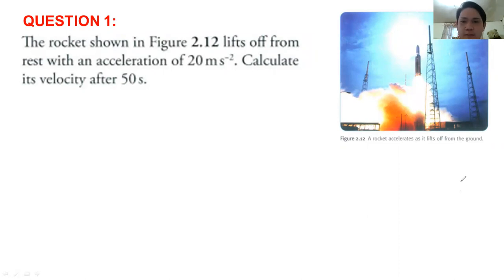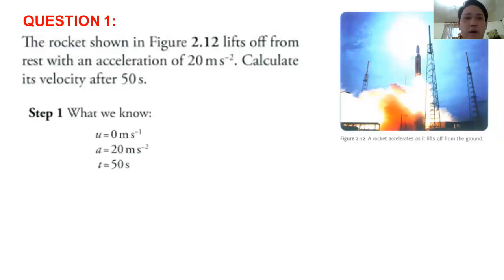So to find what we know, we have to analyze the situation or the problem. What we know now is we have the initial velocity of 0 meters per second, since it lifts off from rest. So it starts from 0, based also on the graph that I showed a while ago.